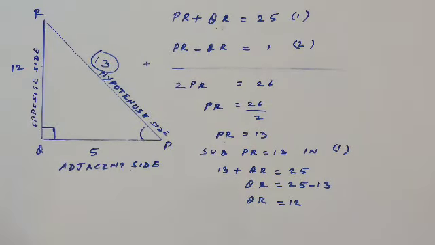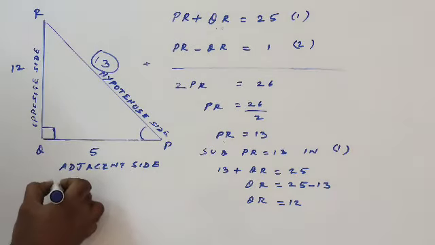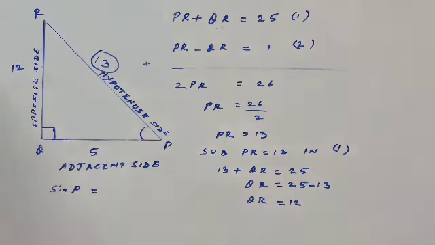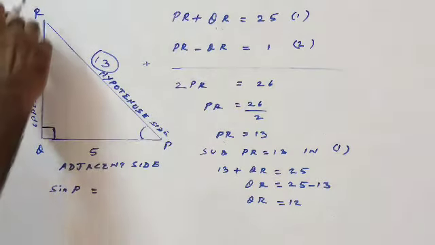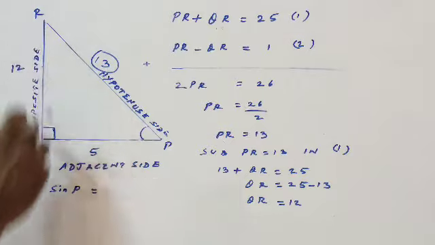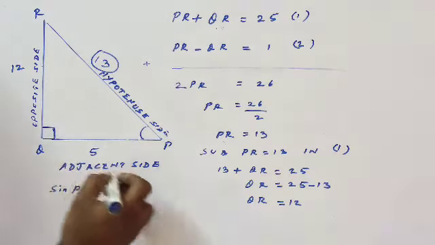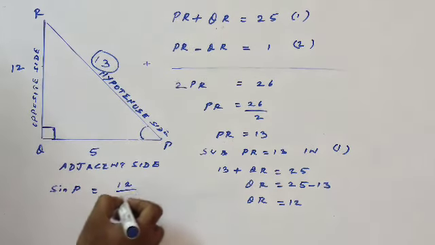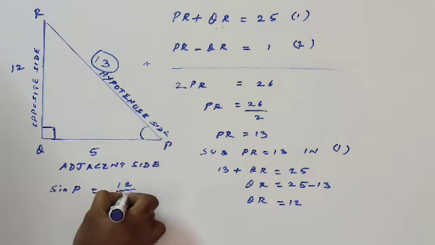Now they are asking sin P, cos P and tan P. Sin P means opposite side by hypotenuse side. Here opposite side is QR, that is 12, by hypotenuse side 13.